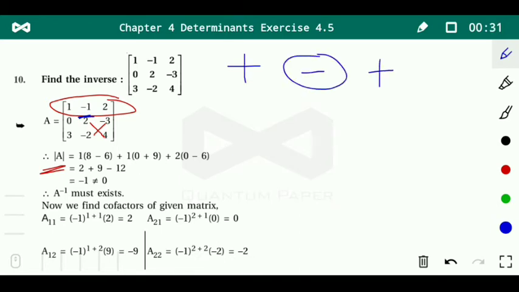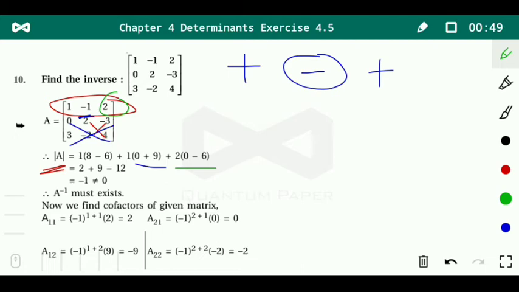So here minus 1 in minus, so minus minus plus 1, so we write plus 1. In bracket 4 zeros are 0 plus 9, and then last plus 2 in bracket 0 minus 6.